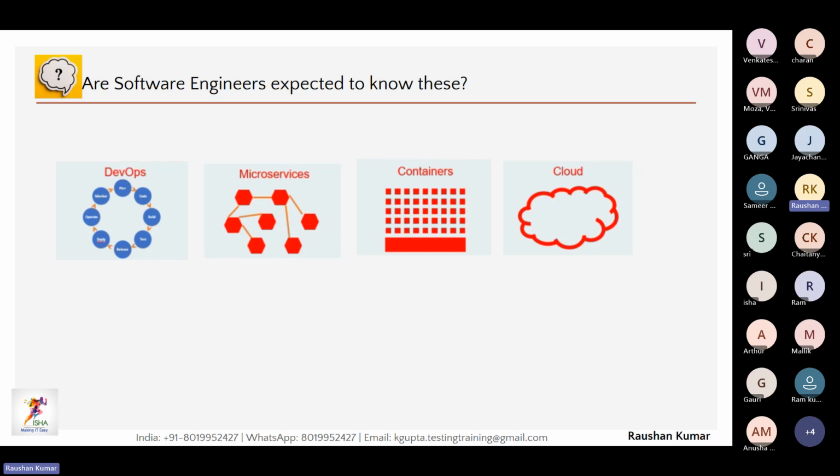The understanding of DevOps, working on microservices application architecture, understanding of containers, Docker, Kubernetes, how auto scaling happens there, how we deploy applications in containers, and the cloud infrastructure. Do we all agree, irrespective of your field, that these are must-know things for everybody in IT in the current market trend? How many of you agree?